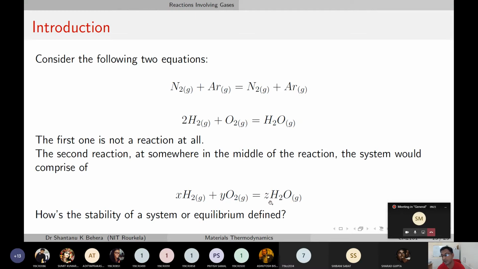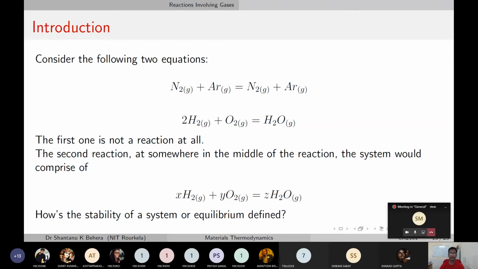Completion of the reaction would not be possible unless, of course, you change subtle things. And then the question is, how do you define the equilibrium composition? When is it equilibrium? What are those compositions where some amount of hydrogen is there, some amount of oxygen is there, some amount of water is there, and that's the most stable state?